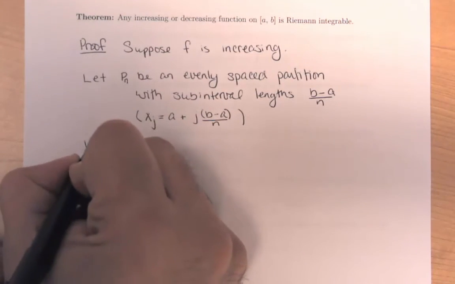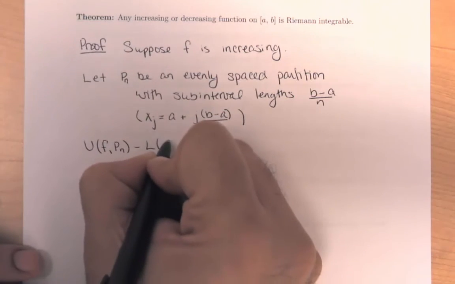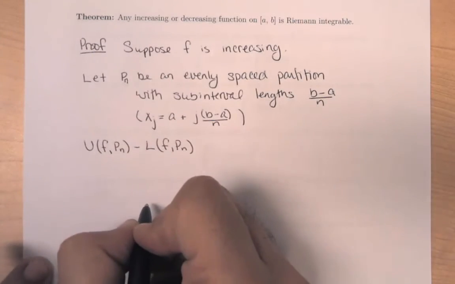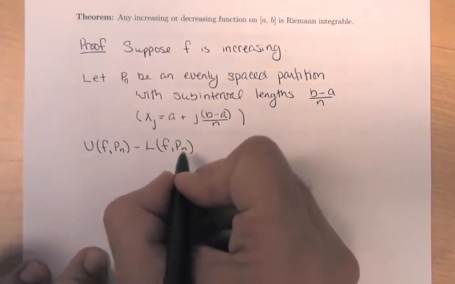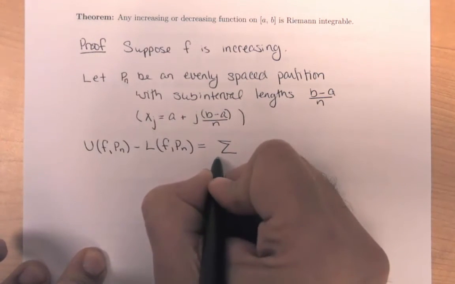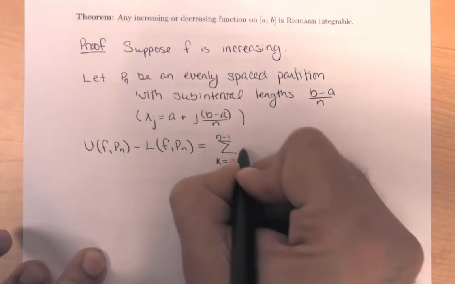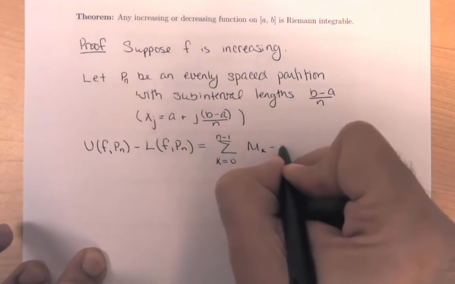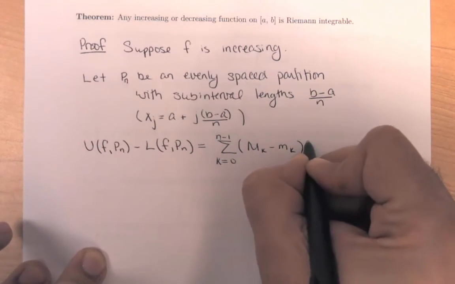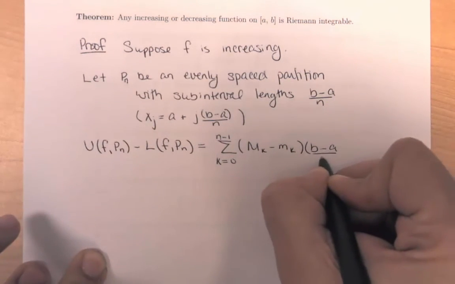Then the difference between the upper sum and the lower sum for this particular partition is the supremum minus the infimum times my subinterval length, which for each and every one is b minus a over n.